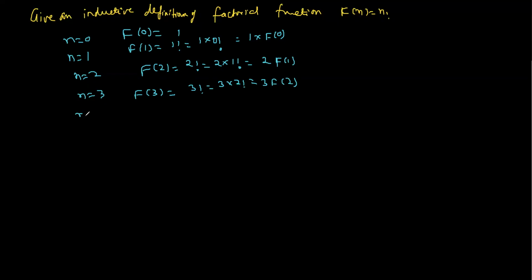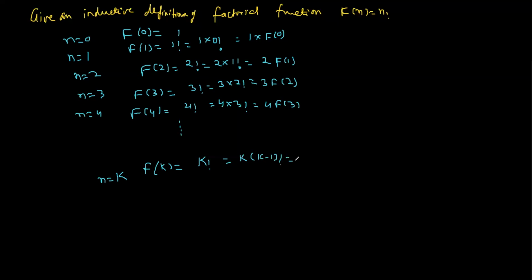Understood? 4 factorial is 4 into 3 factorial. And so on. So when you put n is equal to k for any number k, you can write what? k into (k minus 1) factorial. k into f of k minus 1, right?